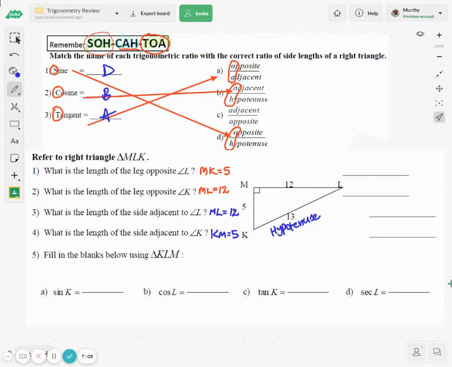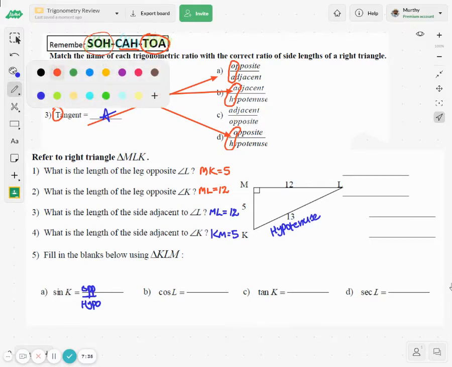Now question 5. Fill in the blanks below using triangle KLM. Sine K. First of all, we know that sine equals opposite over hypotenuse. It is better that you write it completely, instead of writing opposite over hypotenuse.